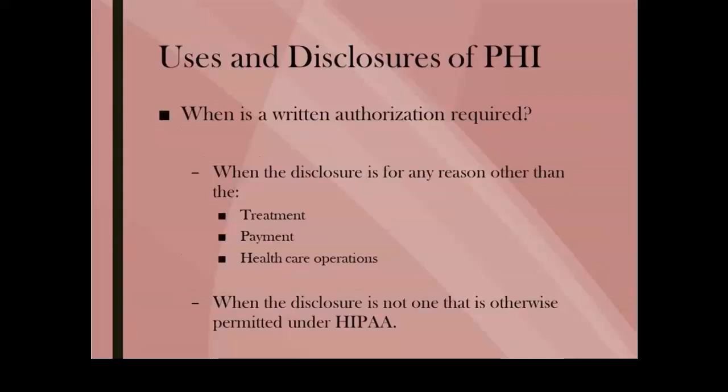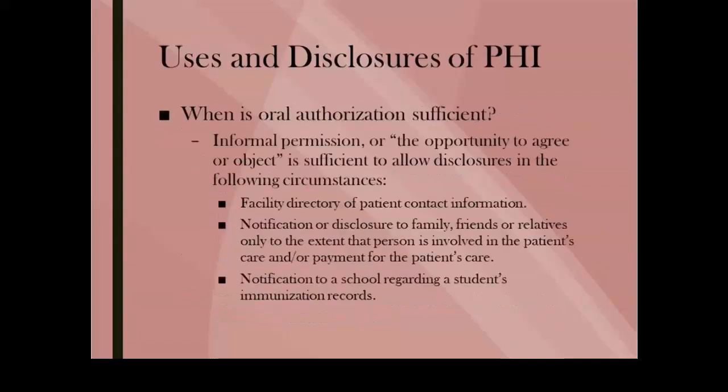All right, written authorization is required when the disclosure is for any reason other than treatment, payment, healthcare operations, or when the disclosure is not one that's otherwise permitted under HIPAA. Oral authorization is sufficient in some scenarios. Informal permission, also called the opportunity to agree or object, is sufficient to allow disclosures for facility directories of patient contact information, notification or disclosure to a family member, friend or relative to the extent that person is involved in the patient's care, and notification to a school regarding a student's immunization records.